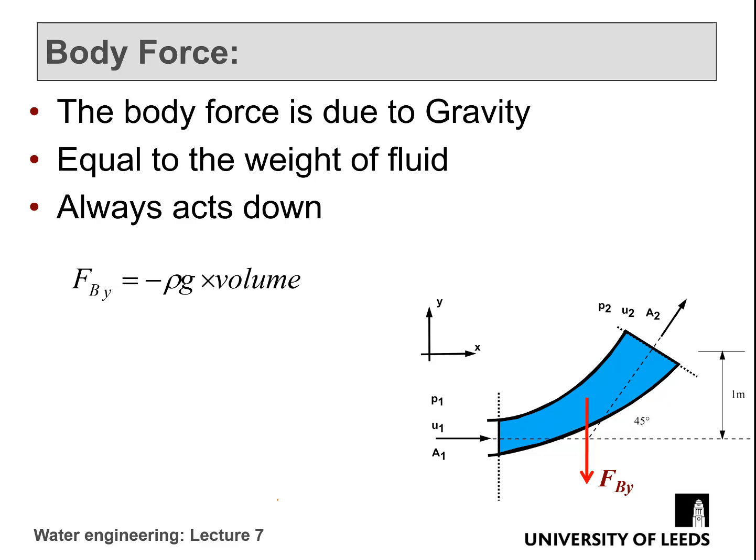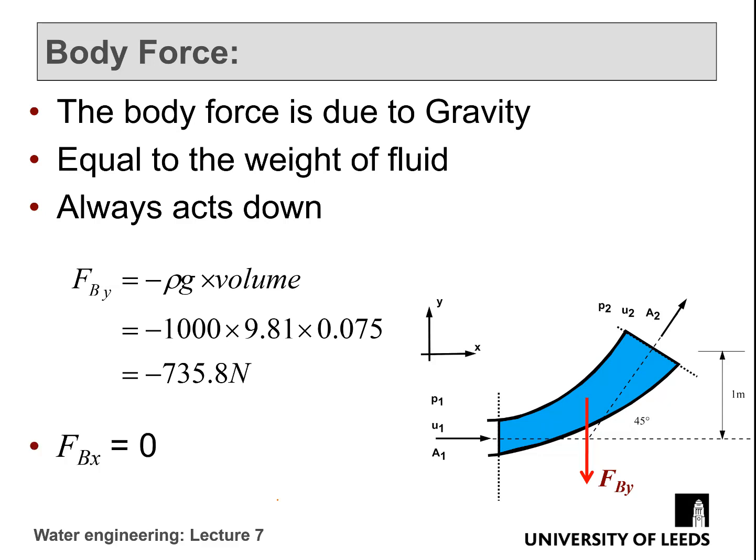So FBY is minus rho g times the volume. We were given the volume, it's 0.075 meters cubed. Using 9.81 for gravity and 1000 for rho, density of water, we get minus 735.8 newtons acting down. In the x direction, there's no gravity. It's only in the negative y direction, so FBX is 0.